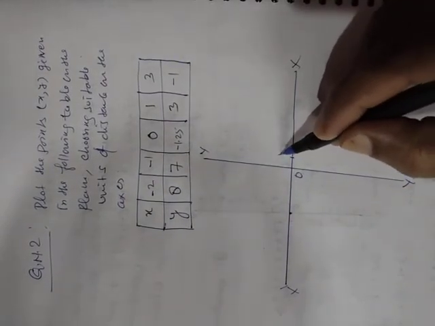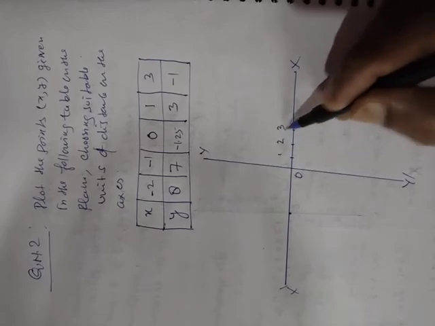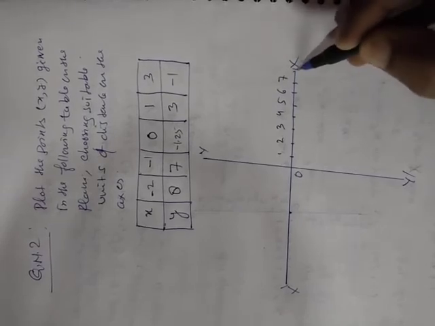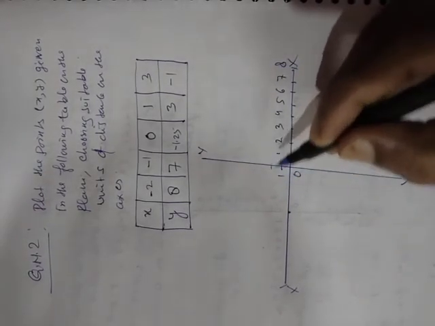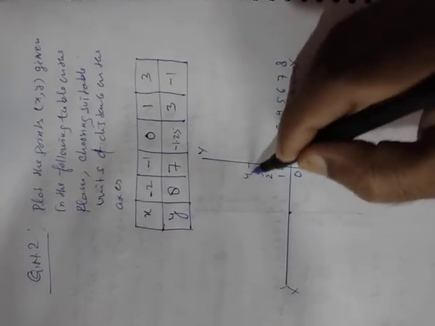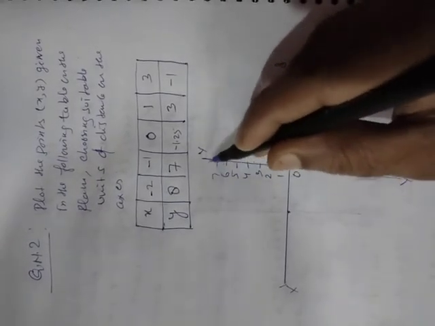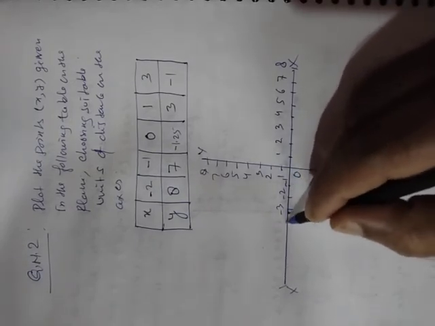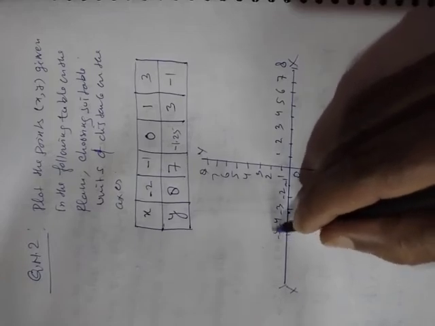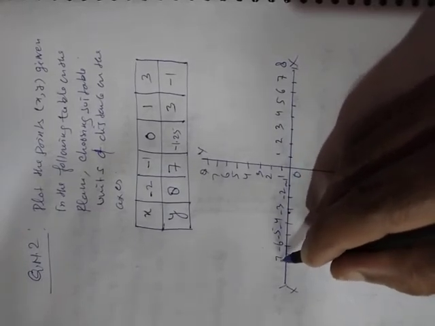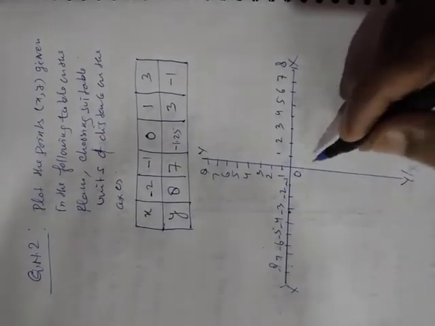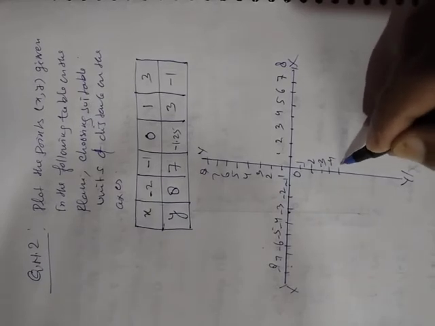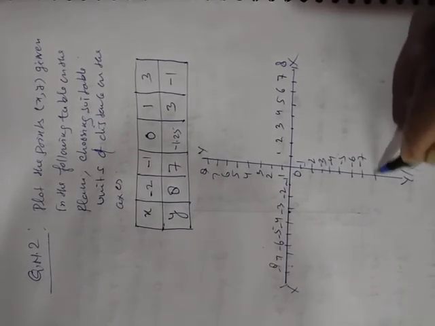You see 1, 2, 3, 4, 5, 6, 7, 8 on the positive side, and minus 1, minus 2, minus 3, minus 4, minus 5, minus 6, minus 7, minus 8 on the negative side, along both axes.